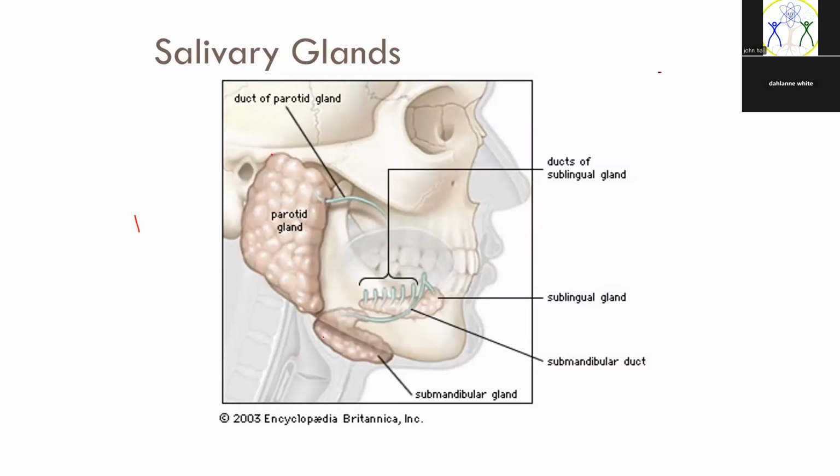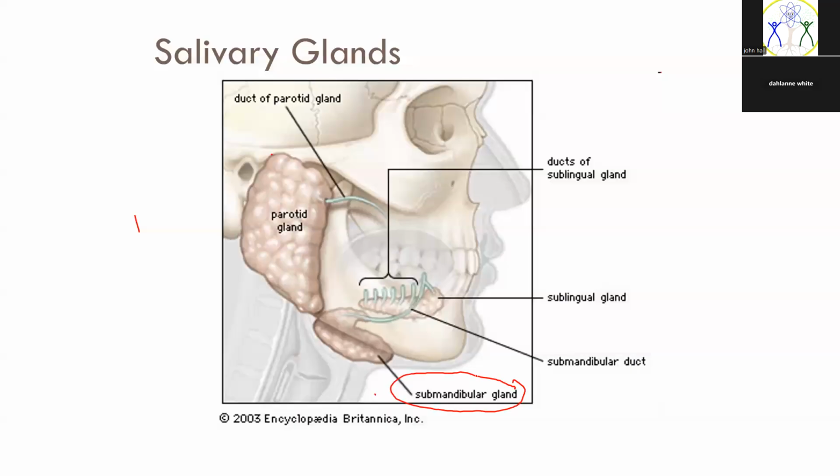You have your submandibular salivary gland, obviously submandibular because it's below the mandible. And this one here can produce a buffer solution. It can produce mucin, which is sort of like a very watered down mucus, as well as salivary amylase too, right? So the submandibular gland does multiple different things.